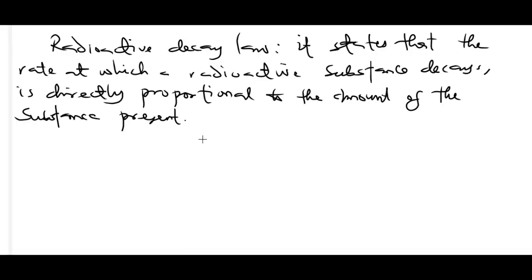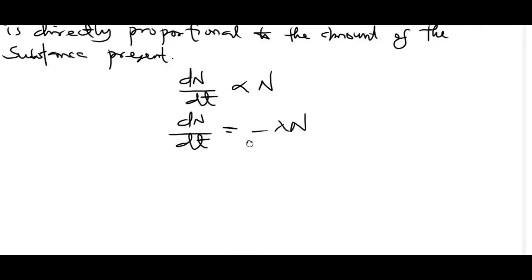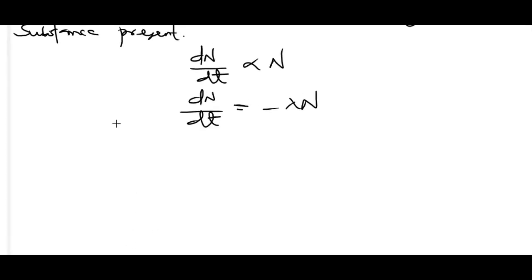So mathematically, we have dN/dt is proportional to N, and our dN/dt equals minus lambda N, where lambda is the decay constant. So if at time t naught, the undecayed nuclei is N naught, we are going to have dN over N naught equals minus lambda dt.